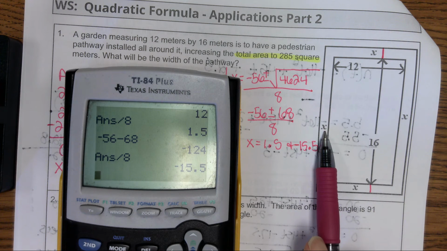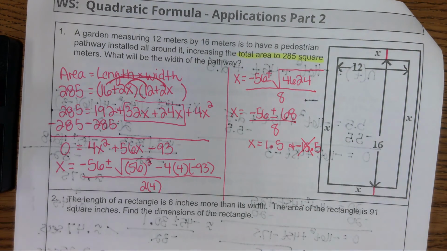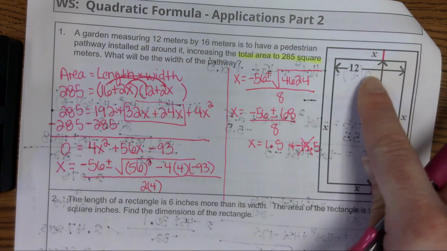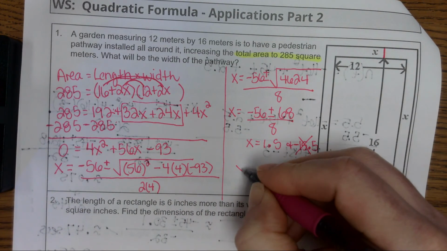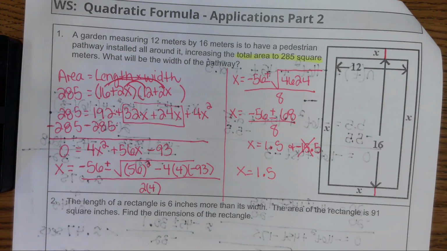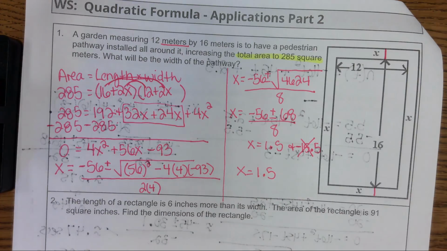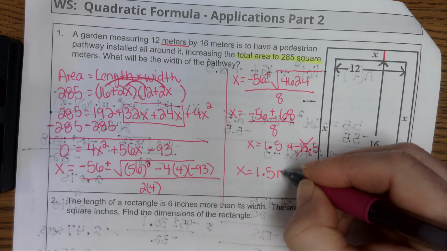So I'm going to put an X through that. The width of the pathway is my X. So it would be 1.5, and we want to use the correct units. I said feet before, but the units that you were given in the problem for the length would be meters.